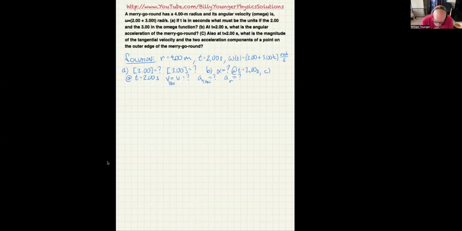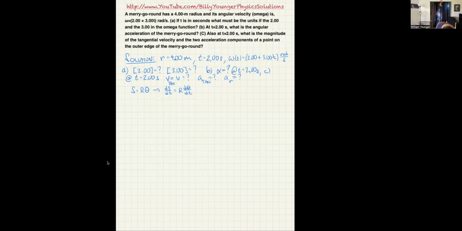However, I should mention that from s equals r times theta, you can take the derivative of both sides with respect to time, and assuming you're going in a circular path, then the r will be a constant, so that you end up getting ds over dt is equal to r times d theta over dt.